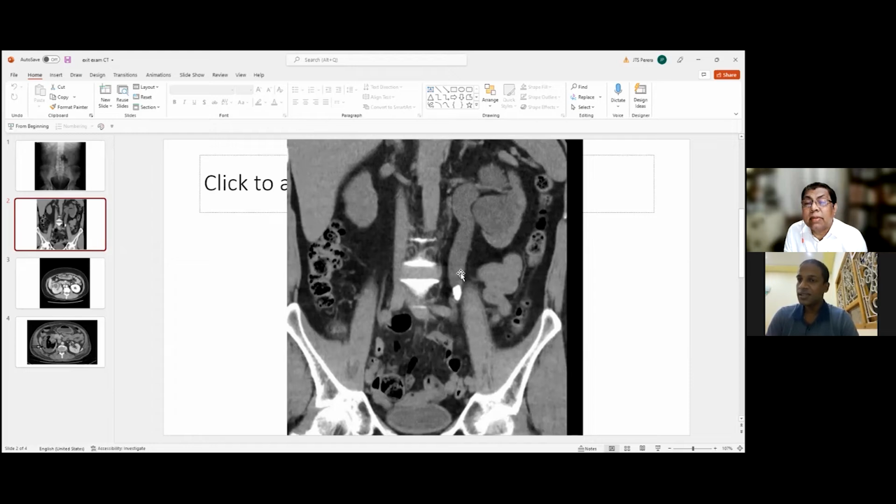Okay, this is an A&E setup, and how fast do you think you can get an isotope scan done in this situation? That of course won't be able to be done in the A&E setup. Okay. So, are you planning to admit this patient?